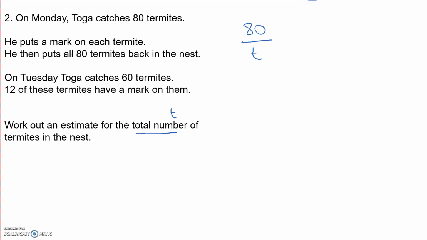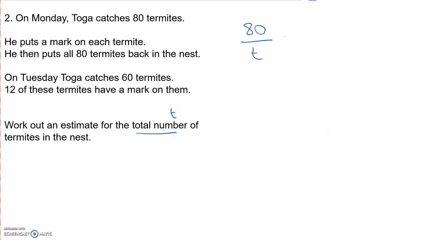Now he then catches 60 termites and 12 of those termites have a mark on them. Well, the fraction of termites that are marked has to stay the same. If we've got a random sample and it's not biased in any way, then we'd expect the fraction of termites that are marked to be the same. The fraction should be the same in any size sample.